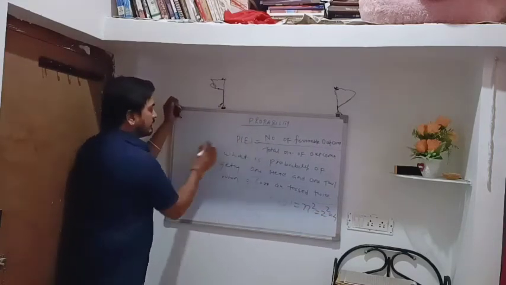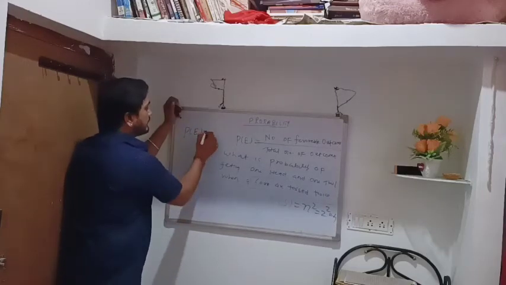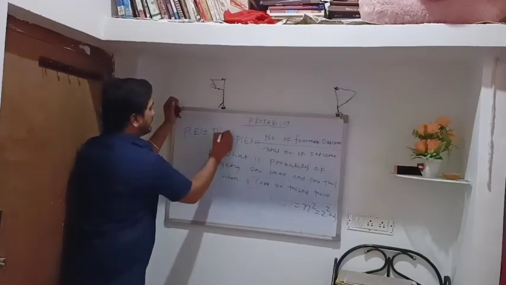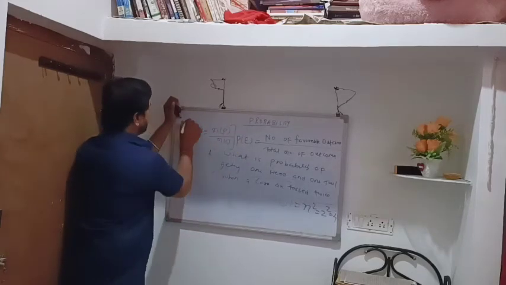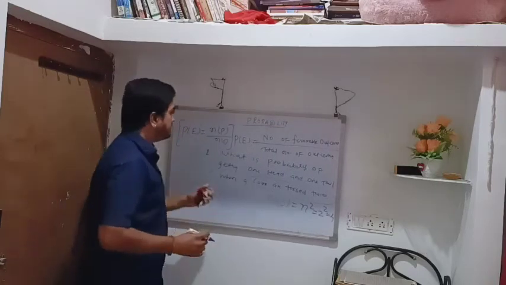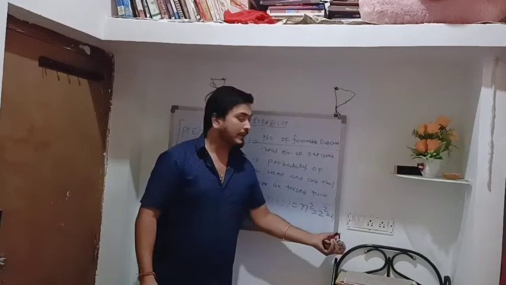The mathematical formula for P(E) in terms of symbols is NP upon NS. I have calculated NS, and its value in this situation is 4.